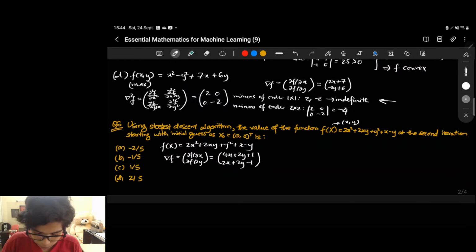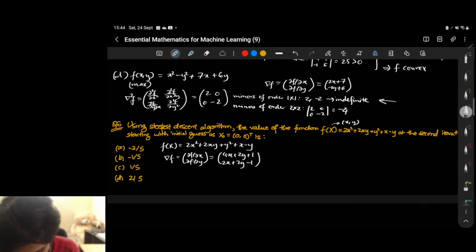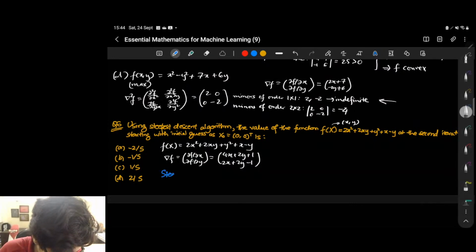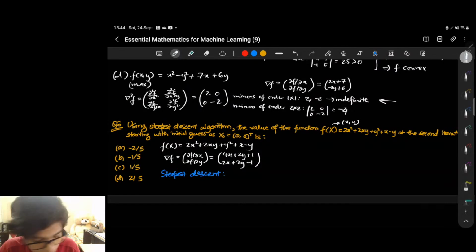This is the gradient of the function, and then the steepest descent algorithm is given as follows.